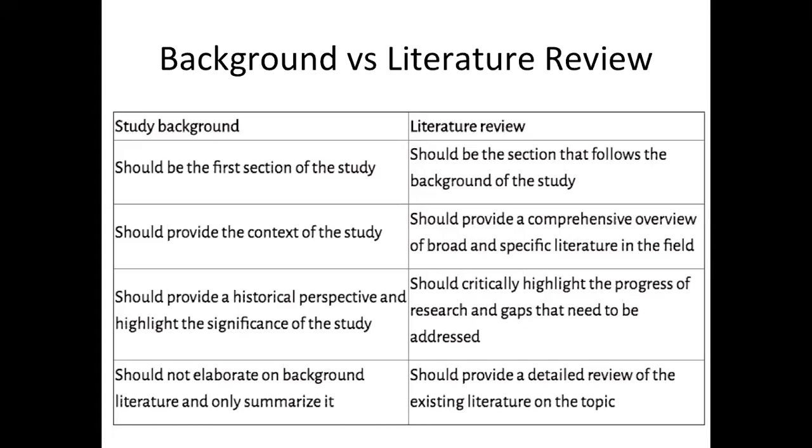So if you have, for example, 3 articles that have similar findings, in detail, you may discuss that in terms of the level of education, the subject that they are dealing with, and also the methodology they use. Maybe the 3 of them are discussed in detail. While in the background, you don't need to go in detail, but you summarize what they have found, and then you try to compare one another.